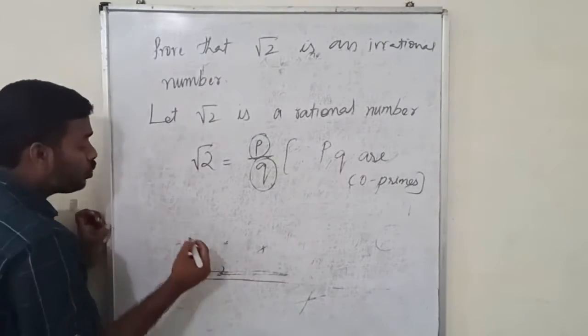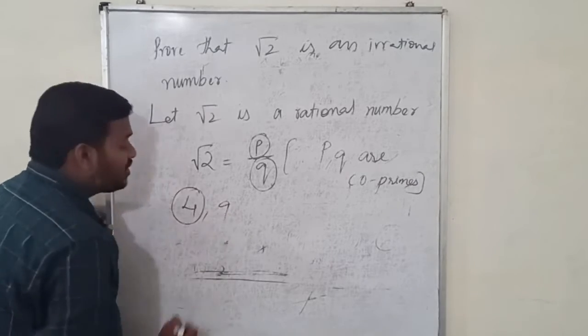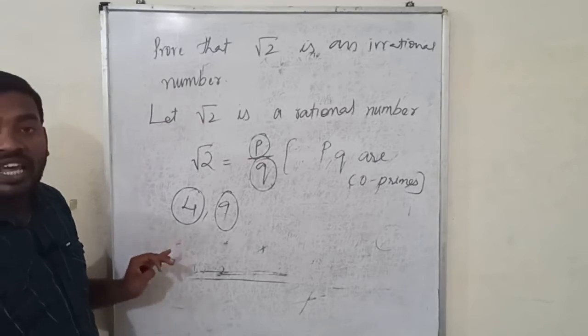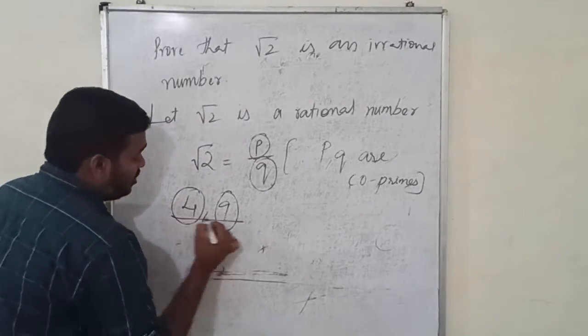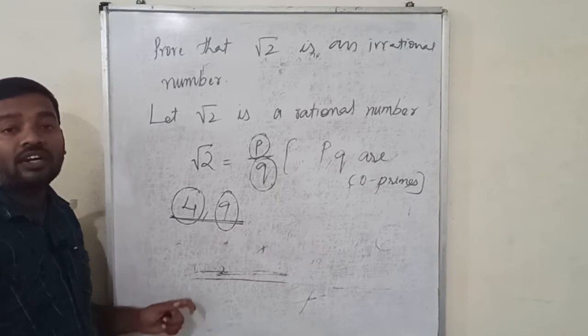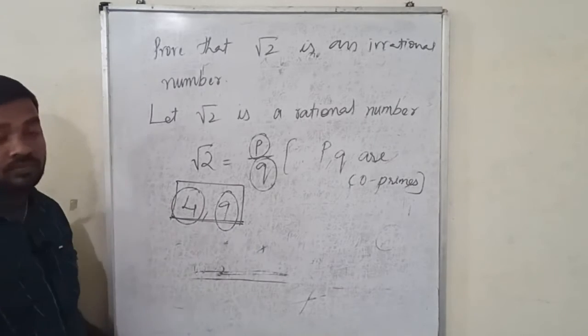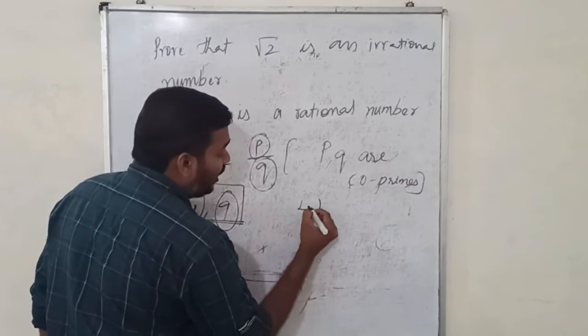If you consider two numbers 4 and 9, 4 is a composite number and 9 is a composite number. But if the HCF of these two, that means the highest common factor of these two, is 1, then you can say these both are co-primes. Let us see what is the HCF of 4 and 9.